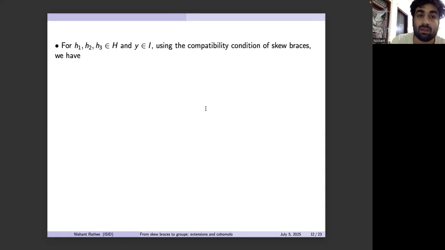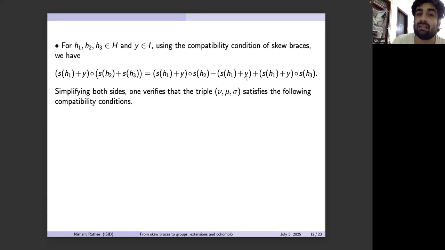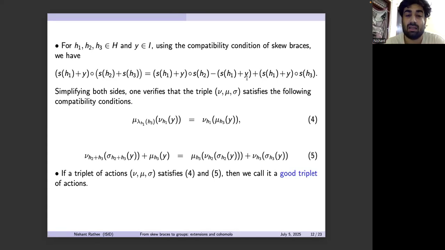Okay. Now we see the compatibility conditions between the actions. Let h1, h2, h3 be in H and y in I. Then using the compatibility condition of skew braces, you have the following relation: S h1 plus y circle S h2 plus S h3, and then you can expand it using the compatibility condition of a skew brace. Simplifying both sides, one can verify that mu and sigma satisfy the following compatibility conditions.